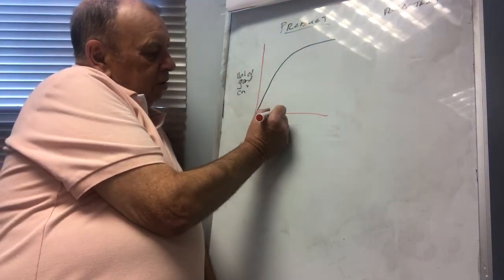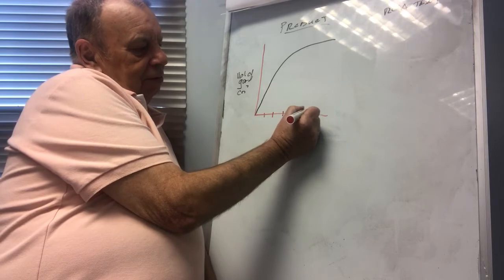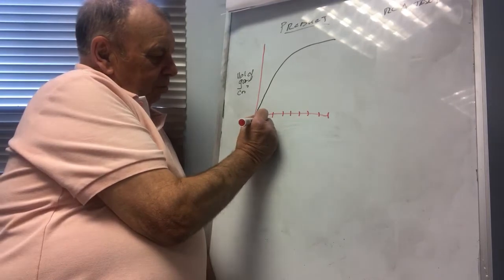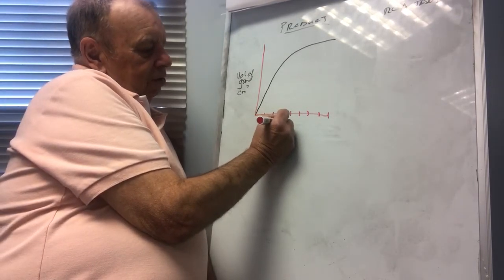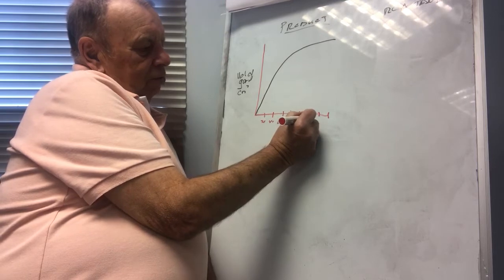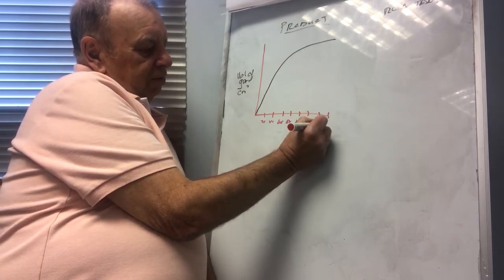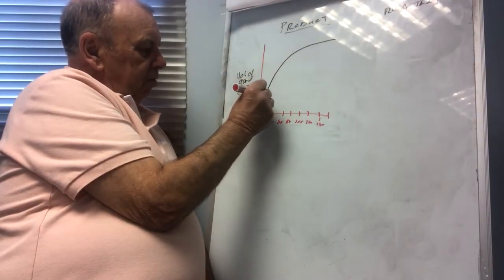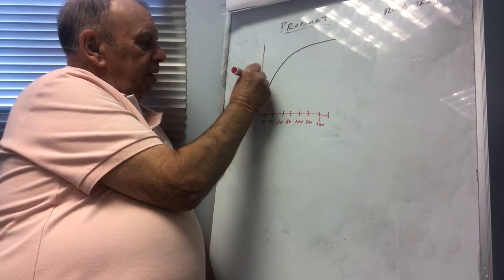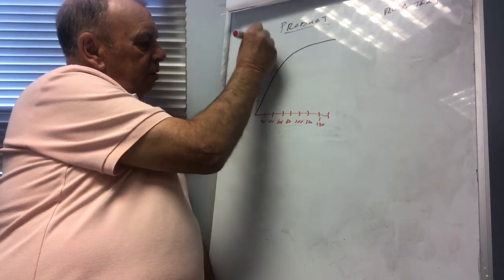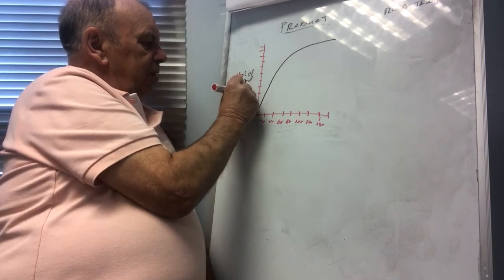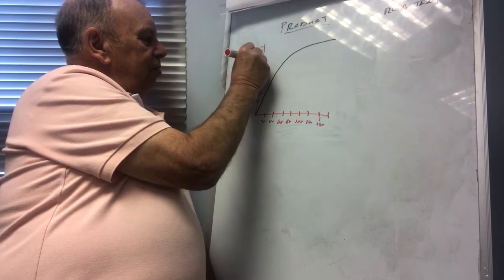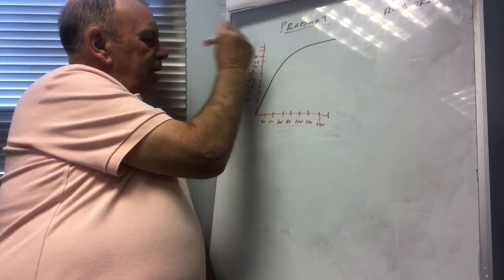Time in seconds: 20, 40, 60, 80, 100, 120, 140. And the volume of gas: 20, 40, 60, 80, 100, 120, 140, 160, 180.